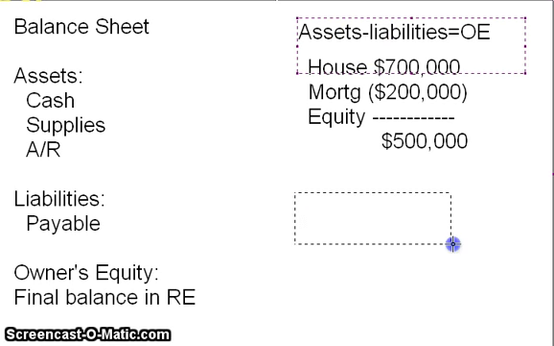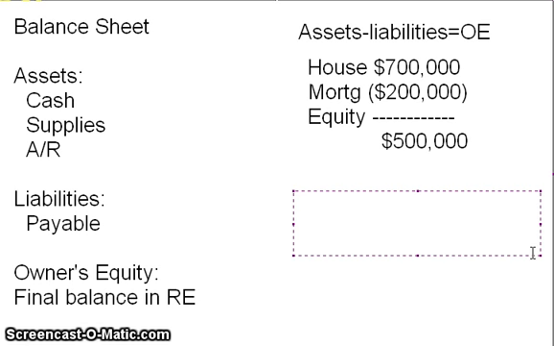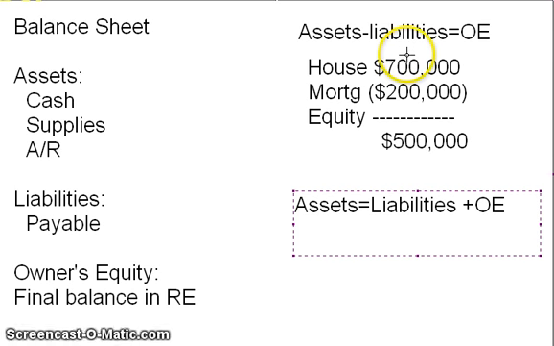Another way to look at it, and this is the more standard way the equation works, is assets equal liabilities plus owner's equity. And this is really the golden accounting equation. For my example, it worked this way, but ultimately they're exactly the same equation. I just moved liabilities around a little bit there. But assets equal liabilities plus owner's equity. You're going to see this time and time again, so get used to the equation.